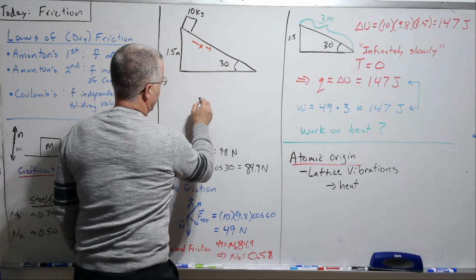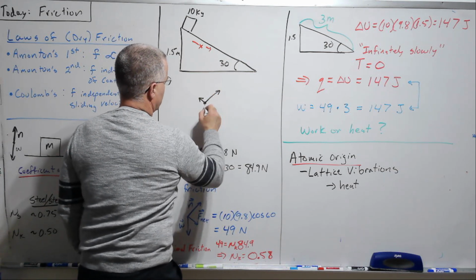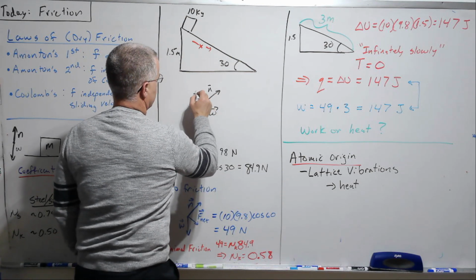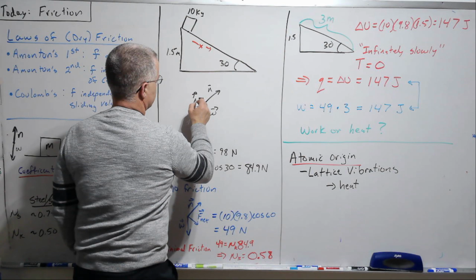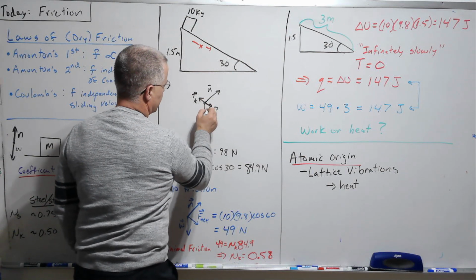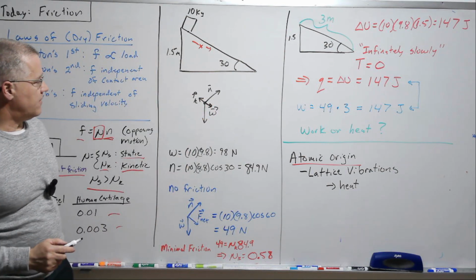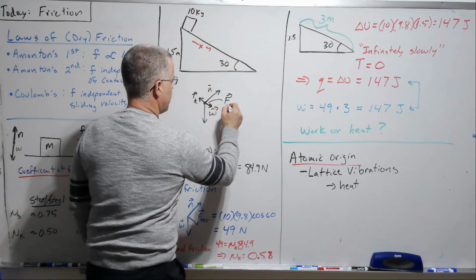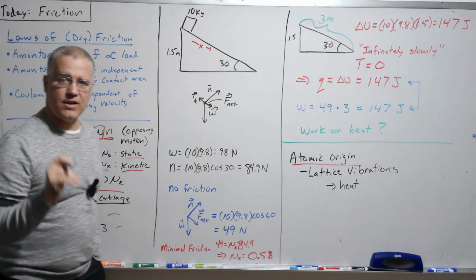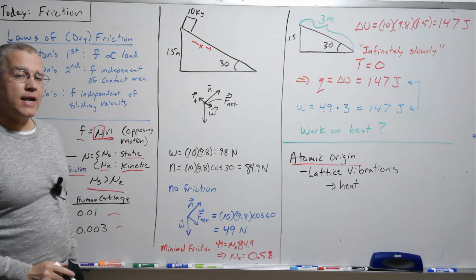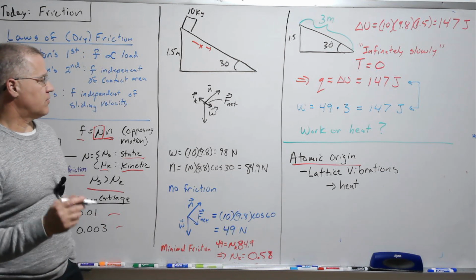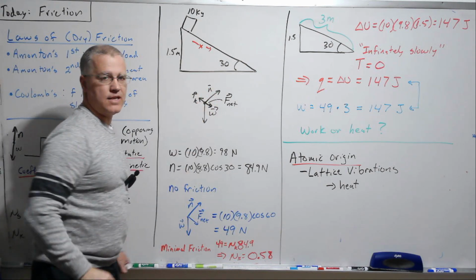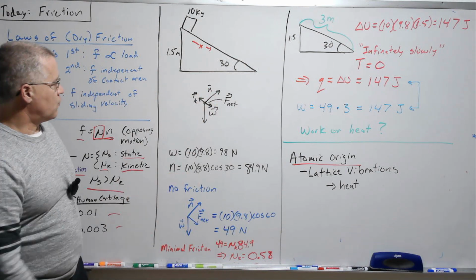And so in which case we might have a small amount of frictional force, our normal force, and our weight force. But it's not enough to allow for no net force here. So this will be our net force. And so we will get some acceleration down the ramp. Not as much as if there was no friction, but there will be some because there's not enough friction to counteract this lopsidedness of force due to the ramp.